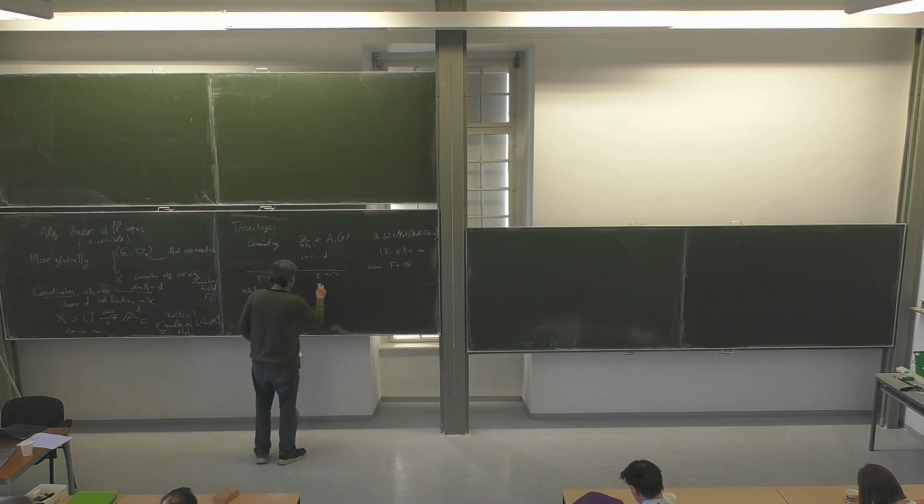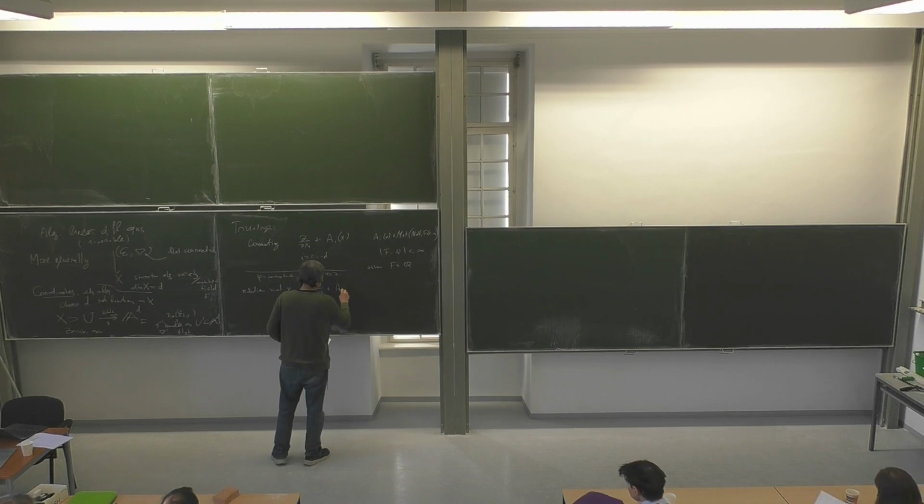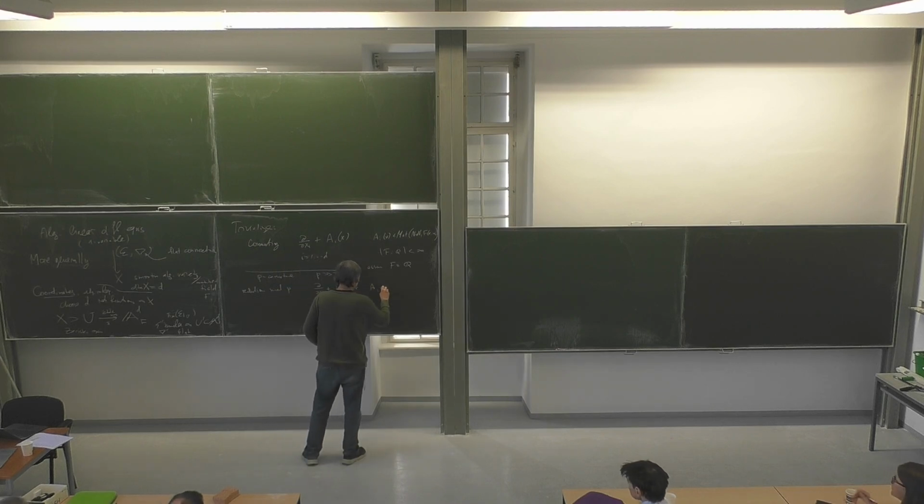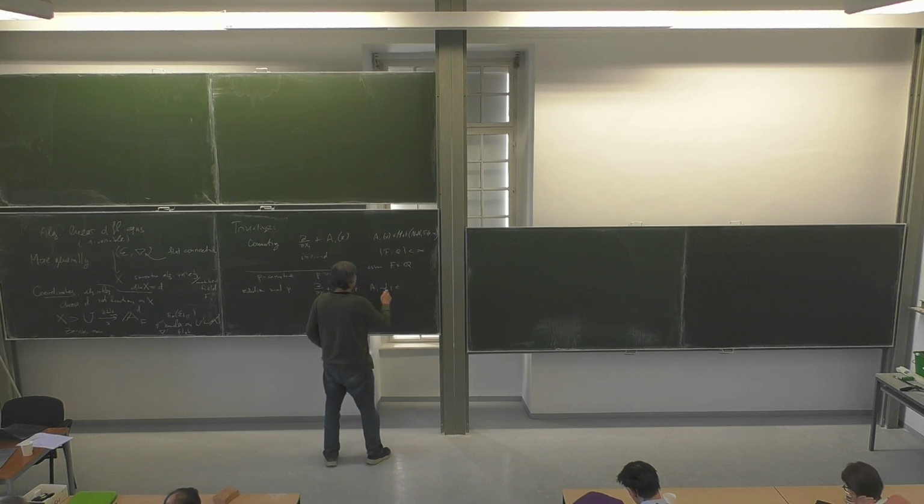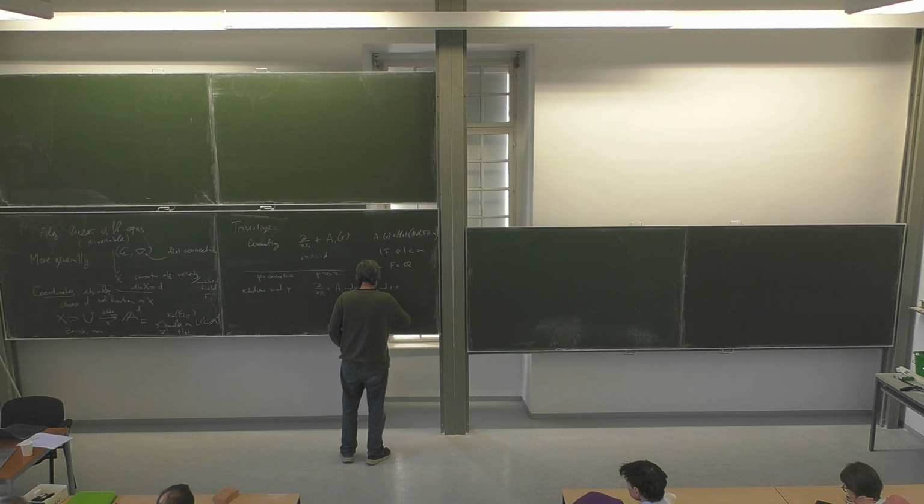You get d/dx_i plus A_i mod p of x, where A_i mod p belongs again to matrix valued functions. Now take rational functions with finite coefficients.